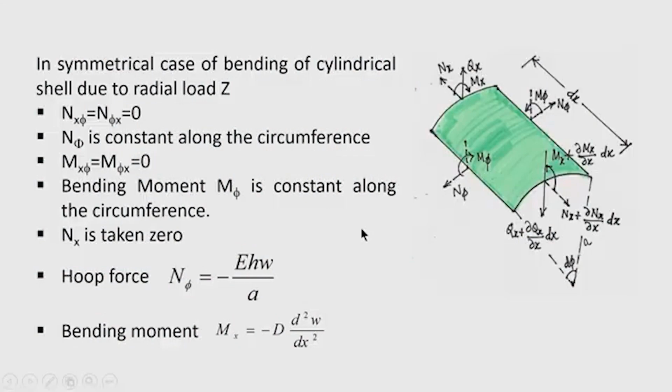So, there will be some bending moment generated at the junction of the base plate and the cylindrical wall, and we will see how it varies along the height of the tank. Those two problems we will discuss today.